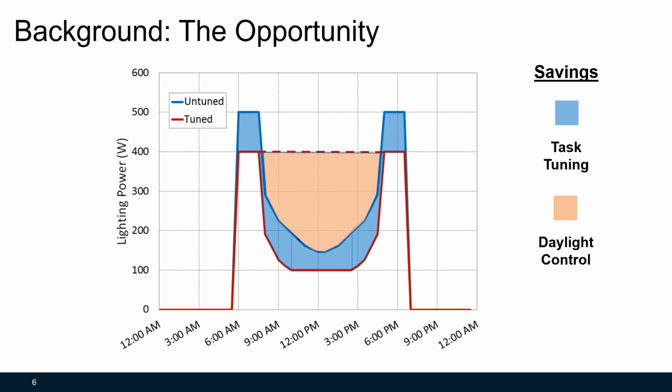After task tuning, the lights come on to their tuned power, just as for the system without photo control. As the daylight increases, the system needs to provide less electric light, resulting in energy savings on top of that realized by the photo control. The savings from task tuning is actually the same as if the system didn't have photo control.